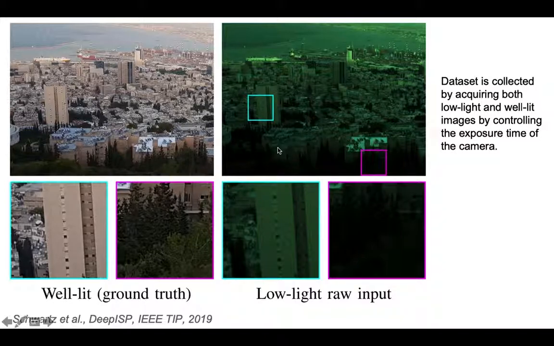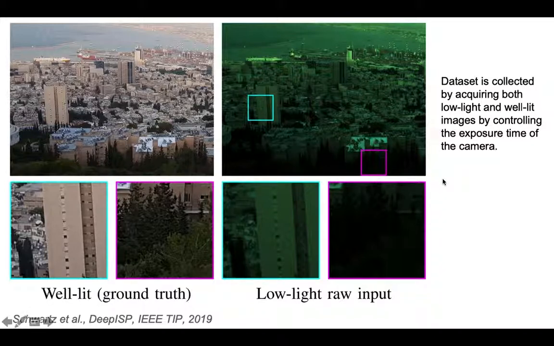It's just green because the gamma wasn't correct. Afterwards, what your ISP does is it takes this kind of image, does denoising, demosaicing, and then color correction and gamma correction, and then it gets you an image that looks something like this. It's not really this, but yeah.